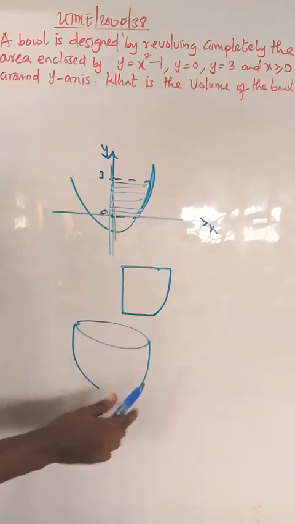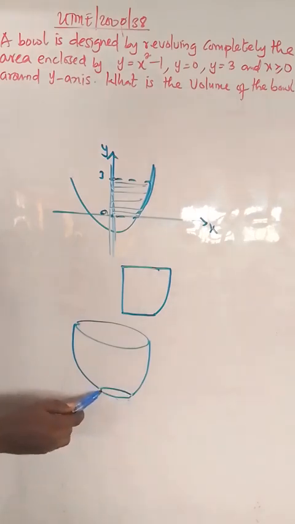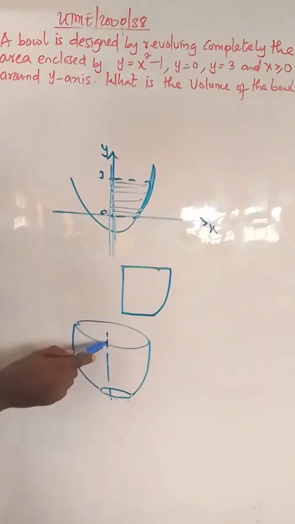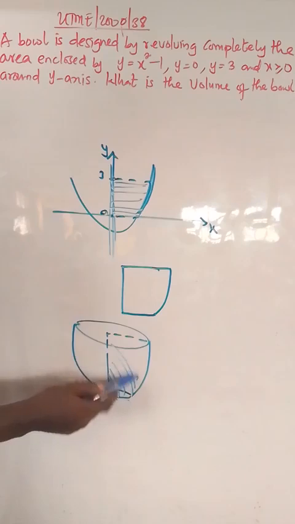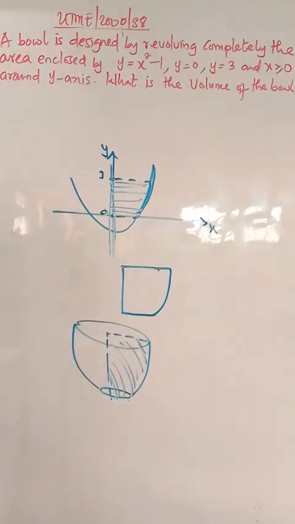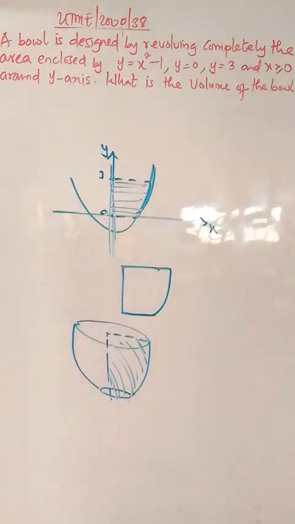So this is how the bowl looks like. This is what we rotated. For those that work in industry where they design car parts, aeroplane parts, machine parts, or phones and the likes, they use the application of integration in this case. From the function we can design.